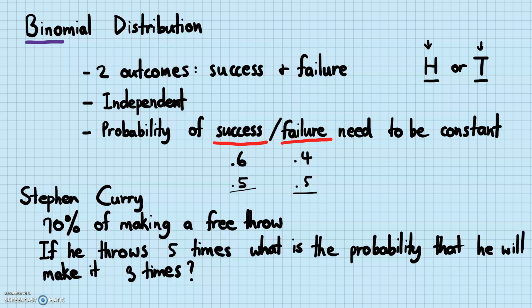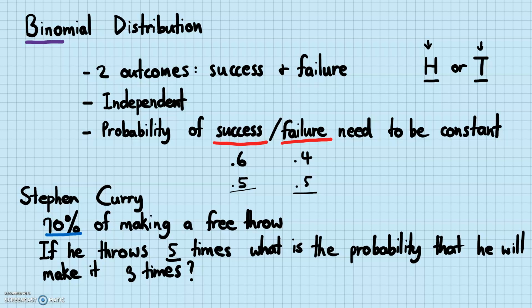If we assume that Stephen Curry doesn't get tired, and I don't think he will from throwing 5 free throws, then the first throw is not going to affect his second throw, and the second throw is not going to affect his third throw. So the events are independent. And the probability of success we're setting to 70%, so that is constant. So this can be seen as a binomial distribution.